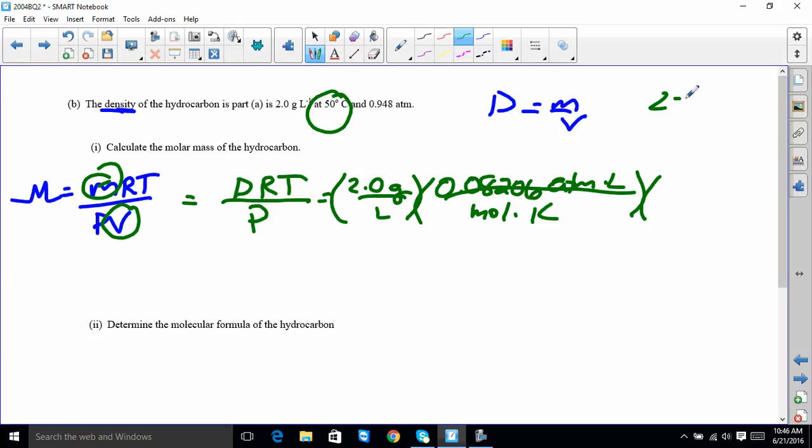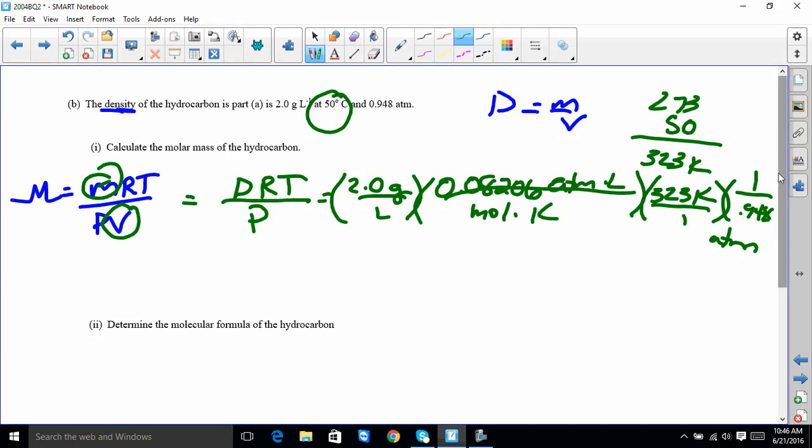Well, 273 plus 50 is 323 K. And so that's upstairs, so 323 K. If it bugs you that there's nothing down here, put a 1. And then P has to go downstairs, and it's 1 over 0.948 atmospheres.